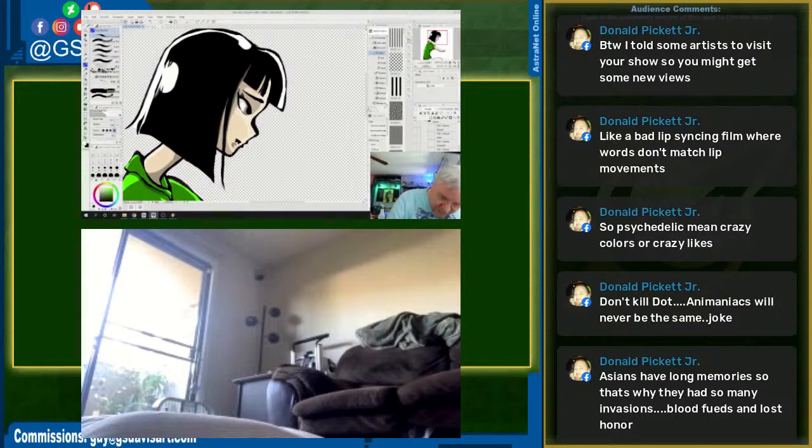So we can synchronize. It understands the different phonemes. So once we record the audio, it knows which one is which and will assign the correct one of these mouths to it.